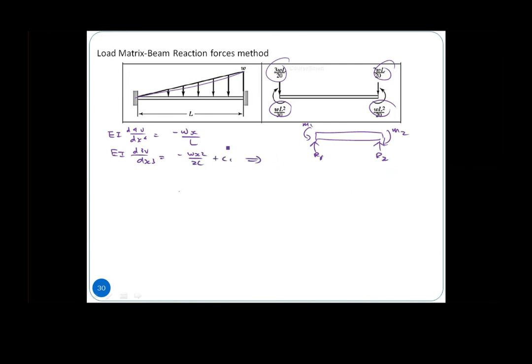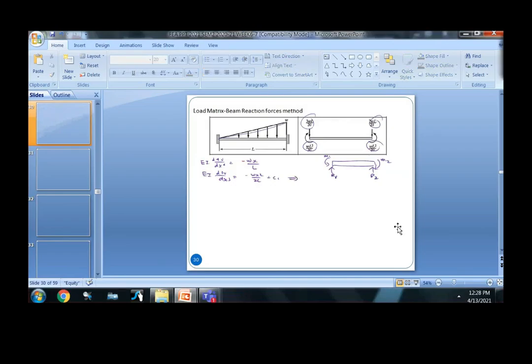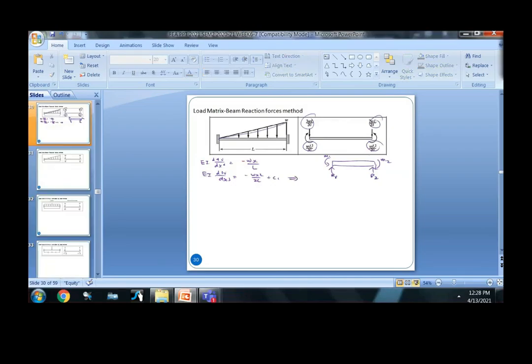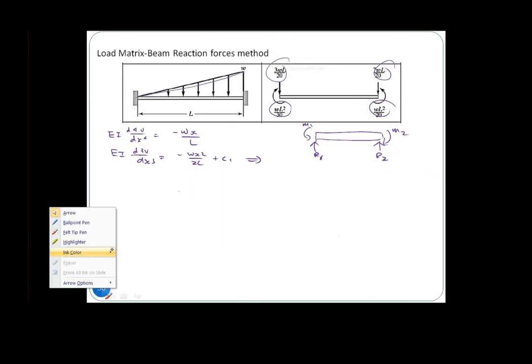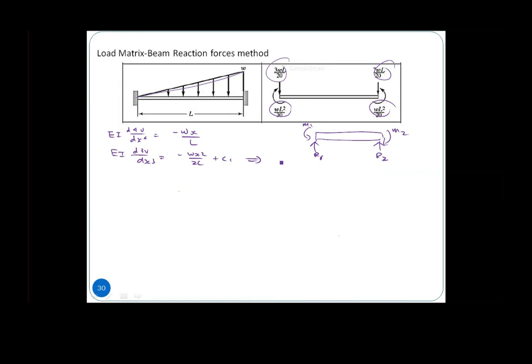That is our so-called shear force, so basically it is equal to our R1 itself. So C1 actually equals R1, right?